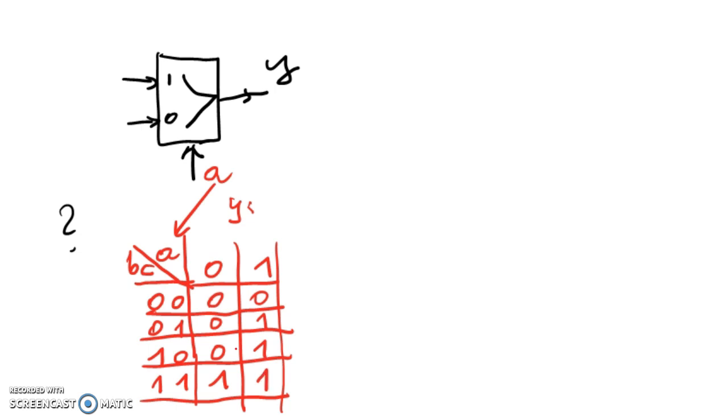Okay, these are the well-known truth tables, and how do we continue, what to connect to these lines? Look, A equal to 0, select this input.